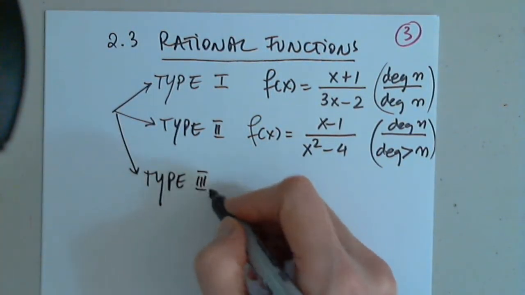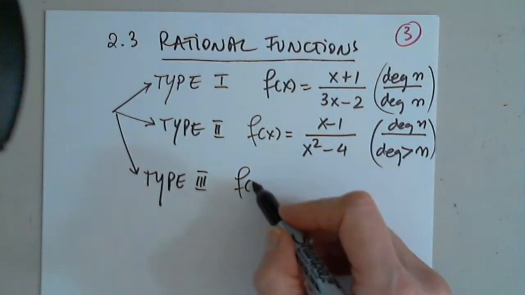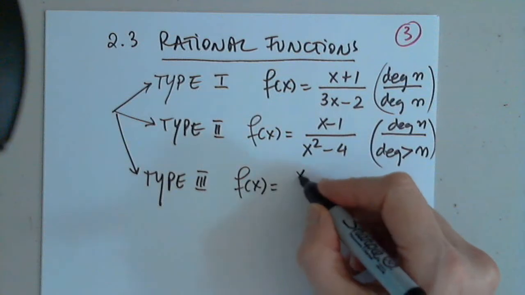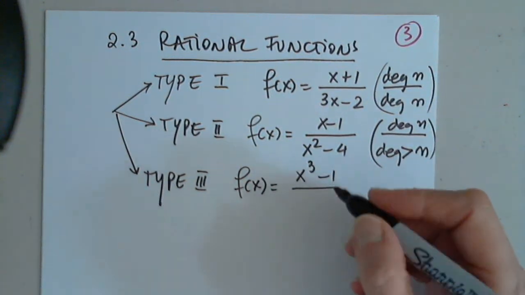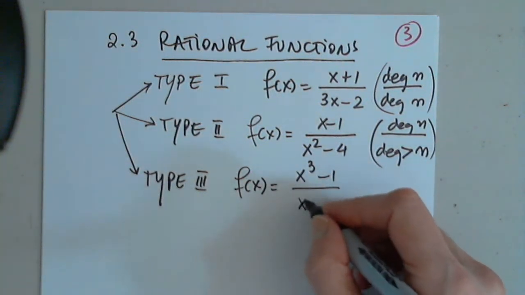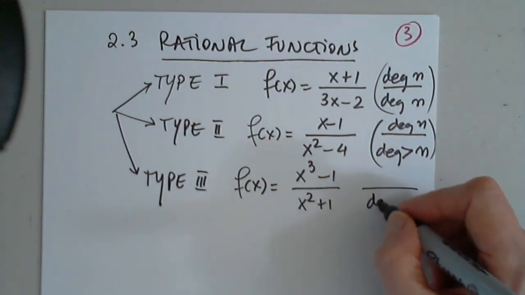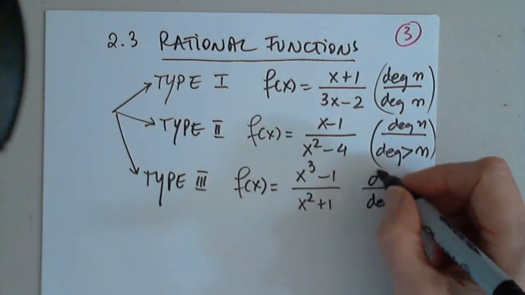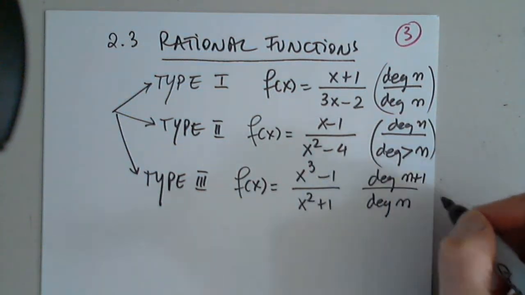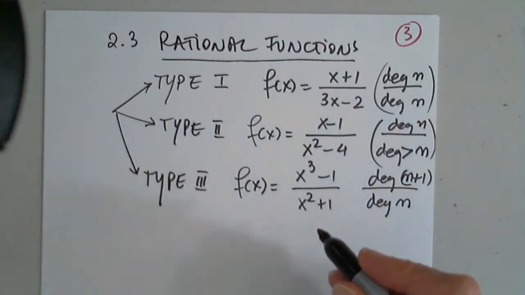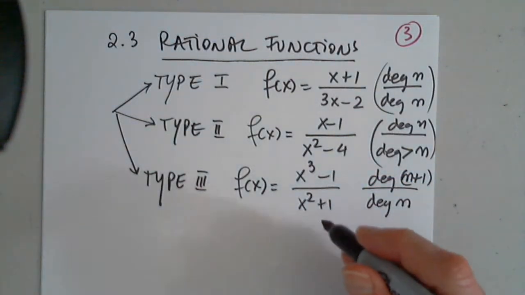Type 3 is very specific also. It's something like, let's say, x cubed minus 1 over x squared plus 1. Specifically, if this is degree n, this is degree n plus 1, exactly n plus 1. If this is 2, this is 3. If this is 10, this is 11. If this is 7, this is 8.